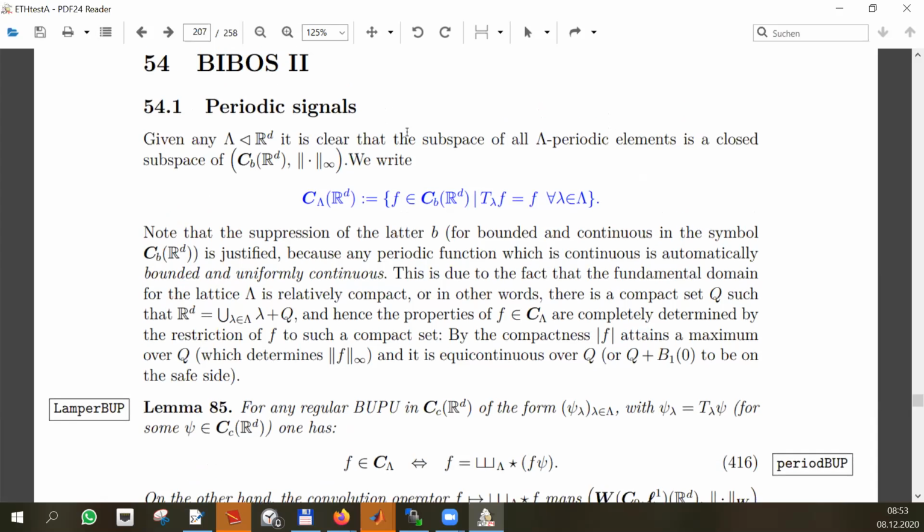So the target, and I will continue after the break with this as well, is how do we get discrete or cyclic convolution? And the starting point is, well, let's consider the space of periodic functions in the bounded continuous space. So clearly a bounded continuous function is a mild distribution.